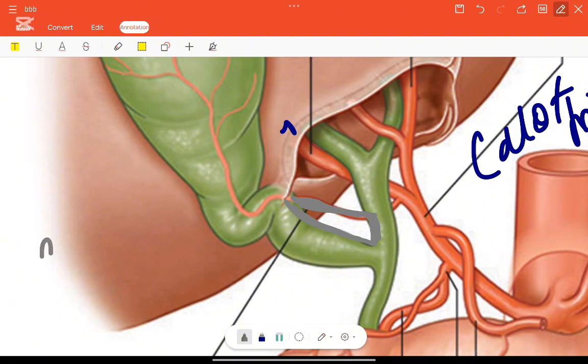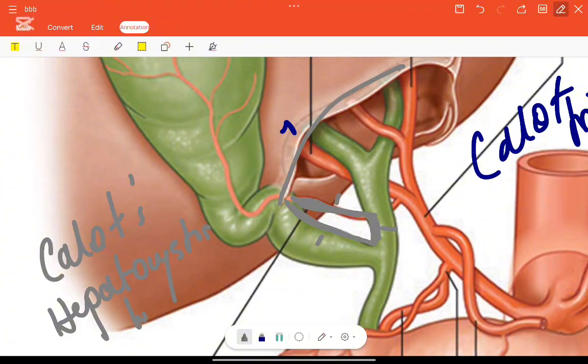Again, it's cystic artery, cystic duct, common hepatic duct. The hepatocystic triangle is the undersurface of liver, common hepatic duct, cystic duct. But that's used interchangeably, you get me?